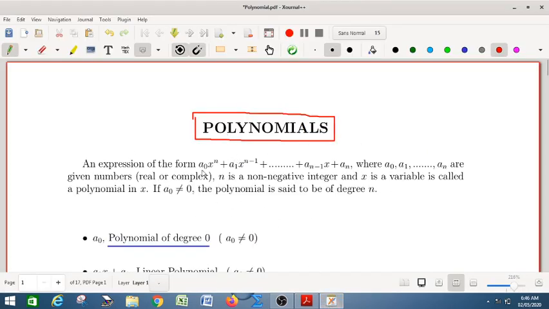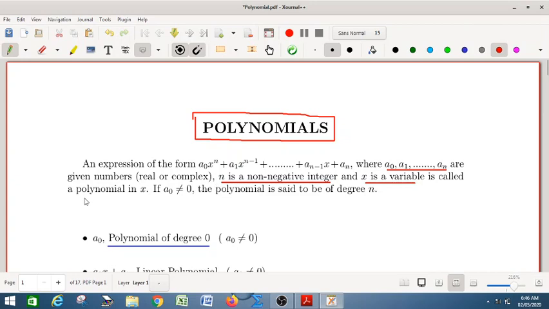A polynomial is an expression of the form a0 x to the power n plus a1 x to the power n minus 1, etc., plus an minus 1 x plus an, where a0, a1, an are real or complex numbers and n is a non-negative integer and x is a variable.